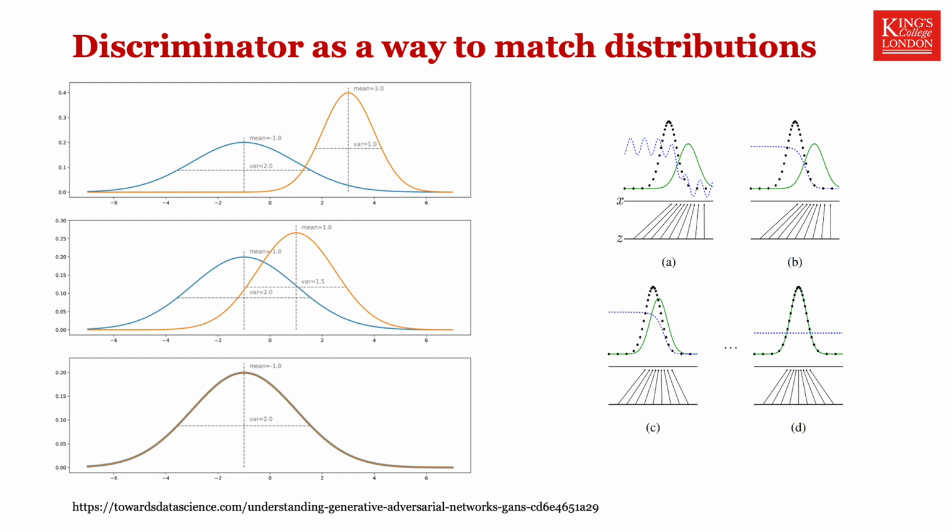So if you were to train a classifier in this one-dimensional space that was trying to predict if a point belongs to the blue curve or the orange curve, depending on its x value, for the first figure that you have here, for example, you would say that any value that is on the left of this crossing point is more likely to be part of the blue distribution, while any value that is on the right of this point is more likely to belong to the orange distribution.